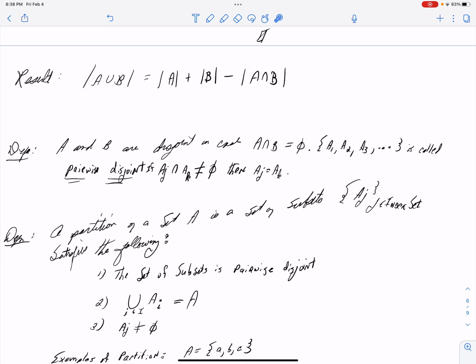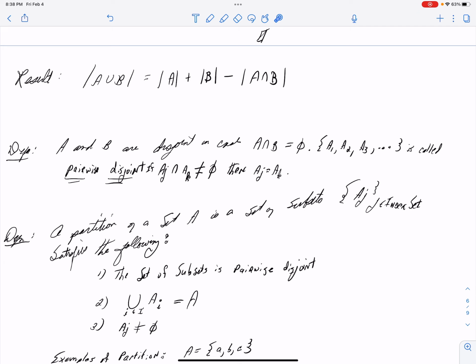The problem with that is you've double counted some things. What have you double counted? And the answer is you've double counted elements that are in both. And so if you have counted them twice, you need to subtract those out once.